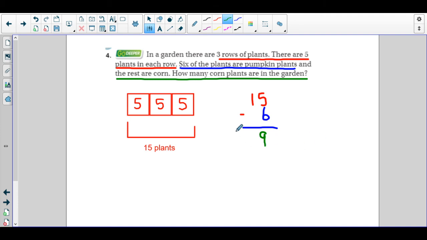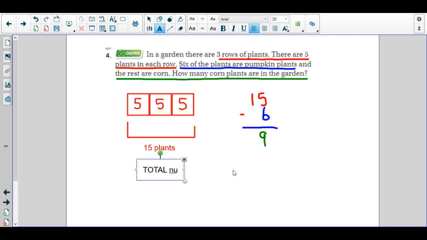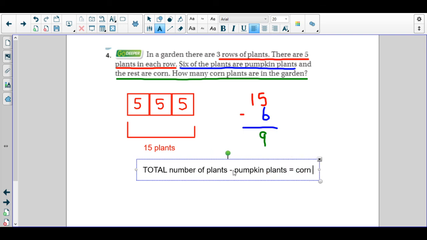Now, let's take a look and do this with a mathematical equation. What we're going to do right here is get the total number of plants. We're going to subtract the pumpkin plants, and that's going to equal the number of corn plants.